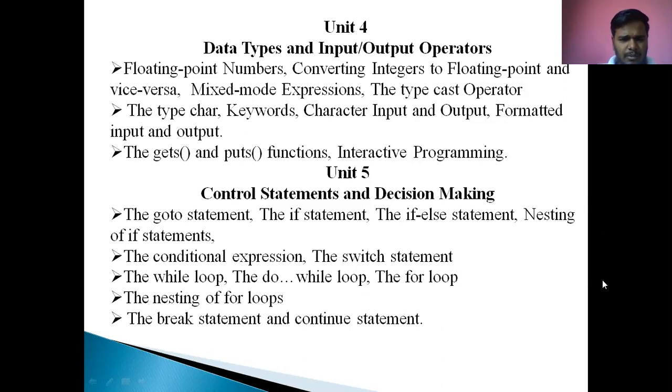After that we will learn the keywords used in C programming. Basically there are 32 keywords present in C programming. Then how to get input to a C program and how to get output from a C program, that is the printf and scanf statements we will learn. Then the getchar and putchar functions we have.